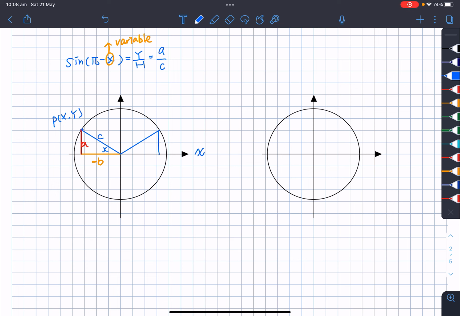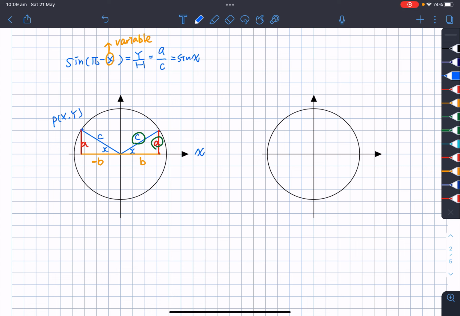In the fourth quadrant, here must be x. These two triangles are congruent. Therefore, this line is B, this line is A. Here is C. So do you find out in the first quadrant, A over C equals what? Equals sin x, right? A over C, y over h equals sin x. Therefore, the answer is sin x.